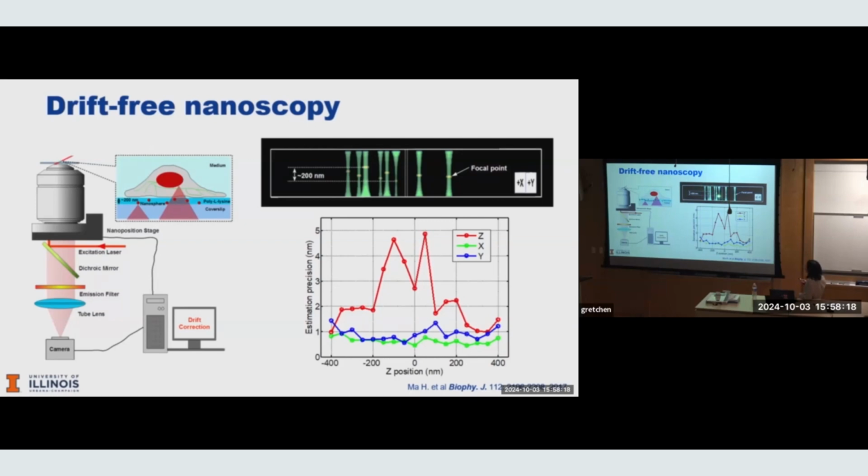Because they inherently have variation, they're not going to be uniformly located at the same depth. So we use this variation to jointly estimate the depth, and then track it every couple of 100 frames, and do online corrections throughout the process. The precision here was roughly 5 nanometers in the Z direction.